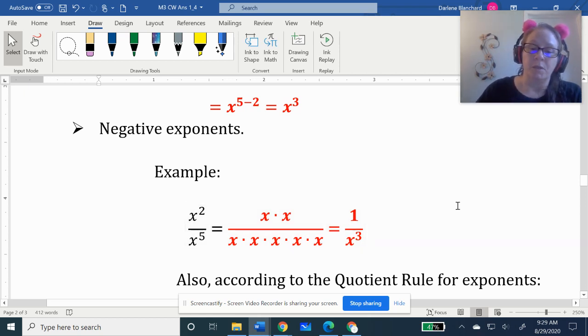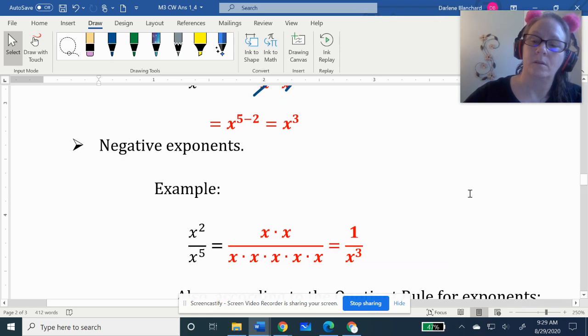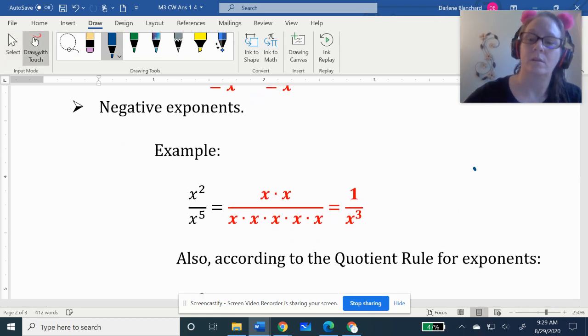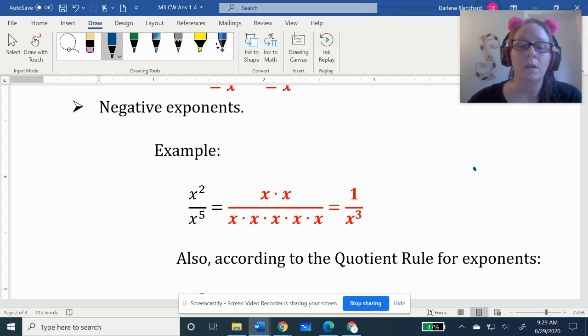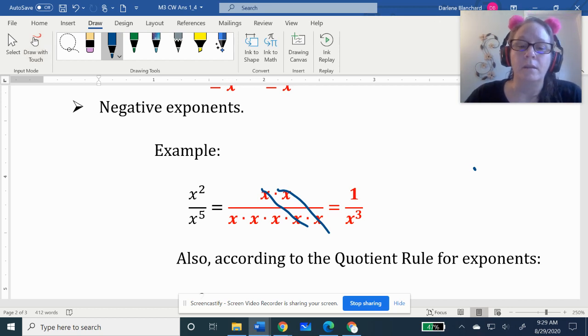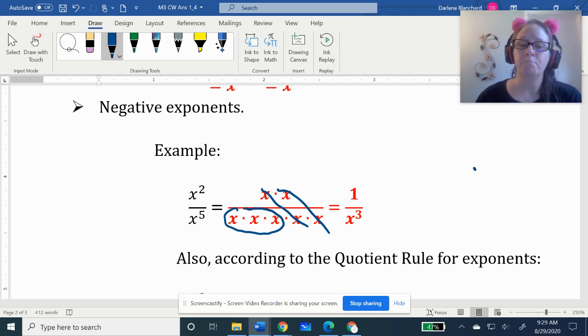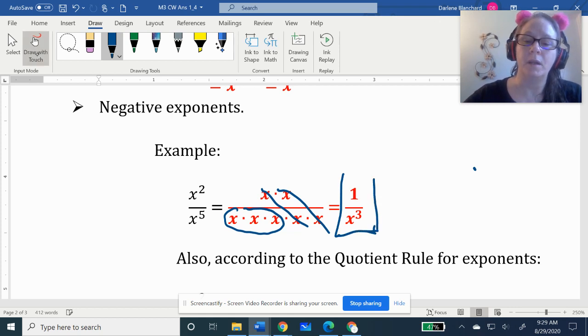Now, logic tells me that I can cancel, and that leaves me with 3 x's multiplying in the denominator. So hopefully we all agree and feel comfortable with the idea that x squared divided by x to the 5th is 1 divided by x cubed, 3 x's multiplying in the denominator.